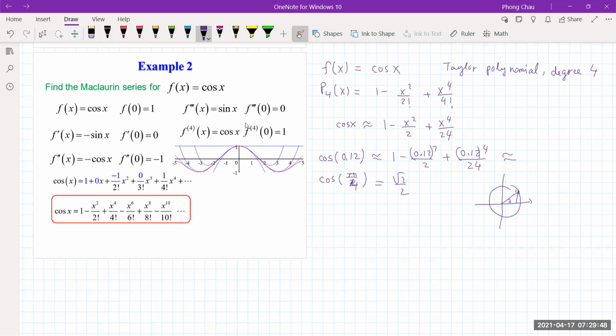If you want to do cosine of pi over 4, what we would do instead is we do this formula in the calculator or computer: 1 minus pi over 4 squared over 2, plus pi over 4 to the 4th divided by 24. See, these are simple operations we can actually write to make the computer do that. So that's the way we do it.